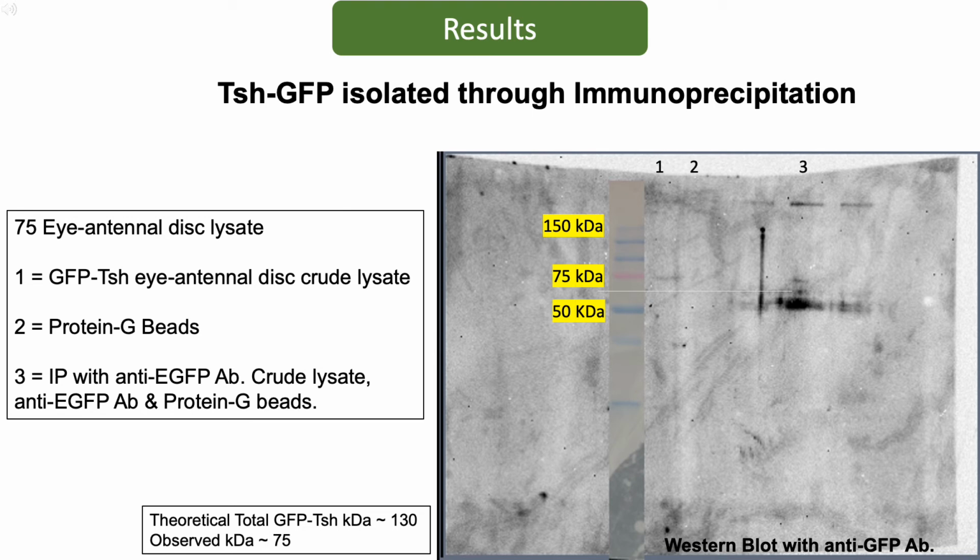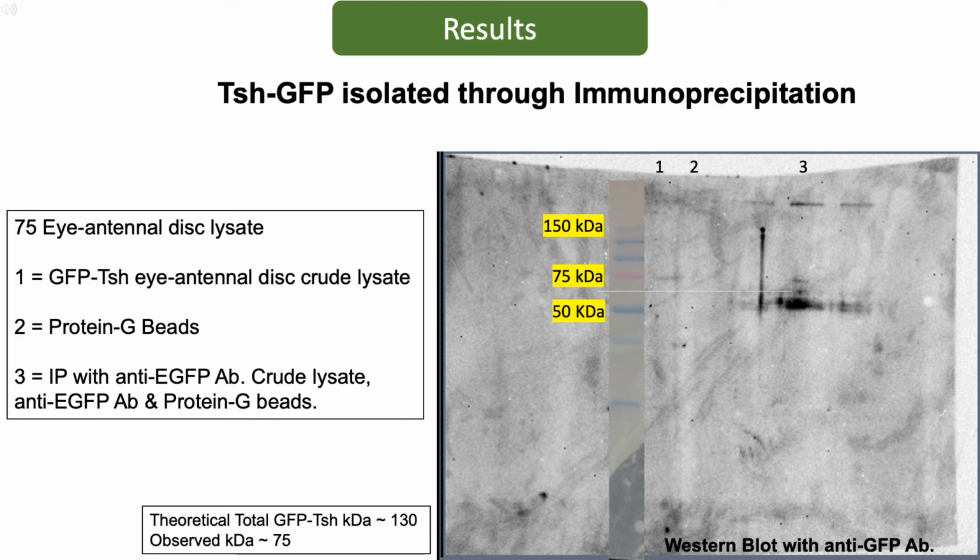However, in column 3, this is the composition of our co-immunoprecipitation product, our lysate and our protein G beads, marked with an anti-EGFP antibody. And we can see here that we have a band at around 75 kilodaltons.